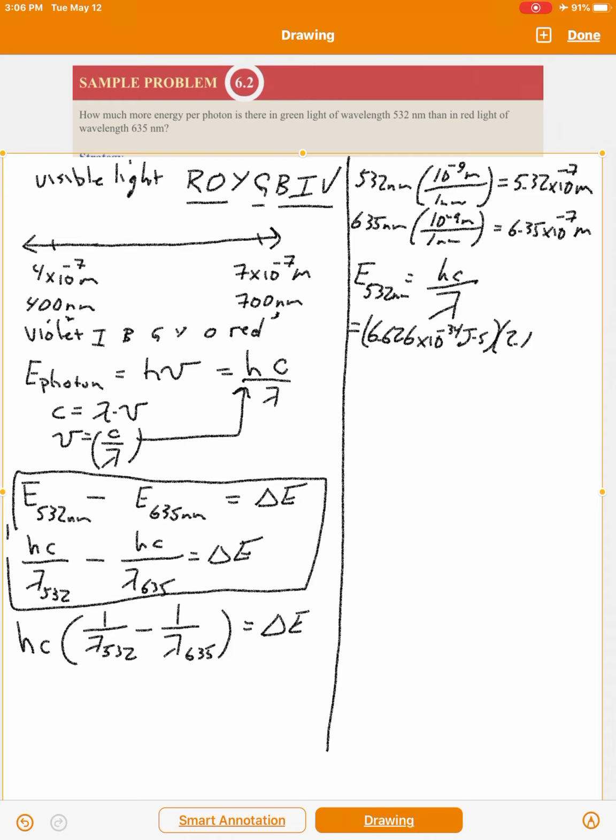What value should I use for the speed? I'm going to go ahead and use 2.997 times 10 to the 8th meters per second. And then we're going to divide that by the wavelength, which is 5.32 times 10 to the minus 7 meters. Okay? So that's going to give us an energy for the 532 nanometer photon. And let's go ahead and calculate that one.